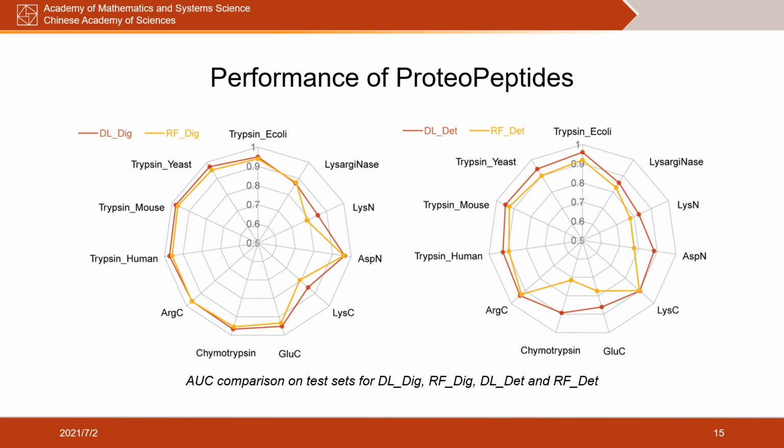For each protease, the deep learning model has a higher AUC compared to the random forest model, indicating an enhanced learning performance. Considering that AP3 has been published and validated by other users, we still provide the random forest models in ProteoPeptides. On the other hand, the unpublished algorithm needs more tests, and we hope to get more feedback from users. So if you have any questions about our models, please let us know.